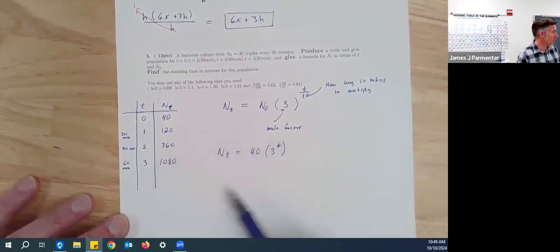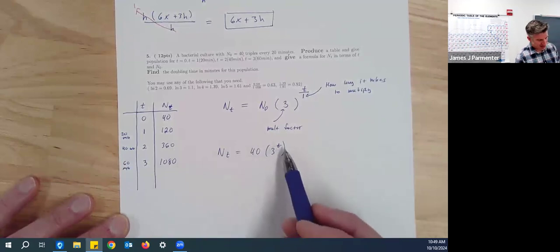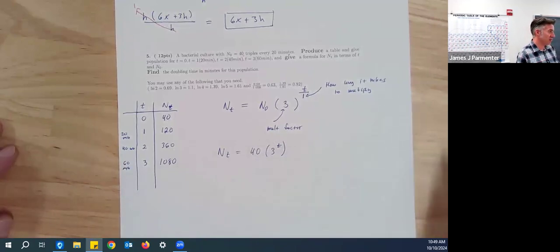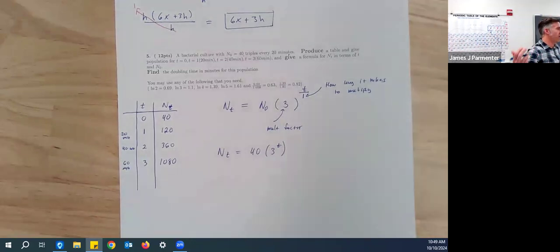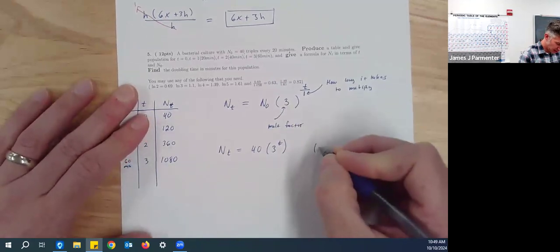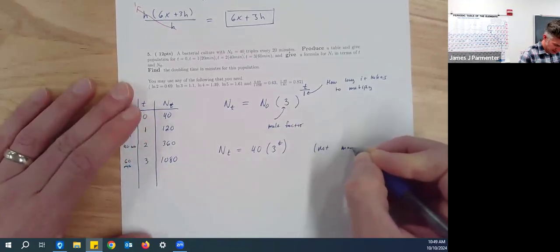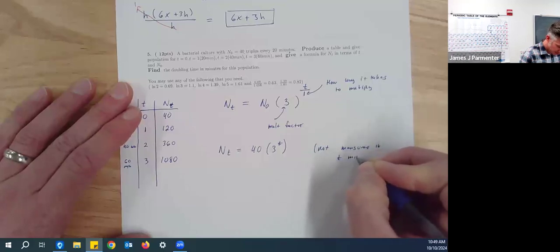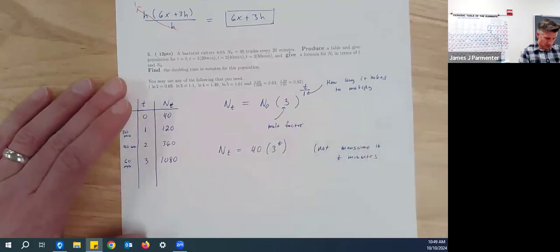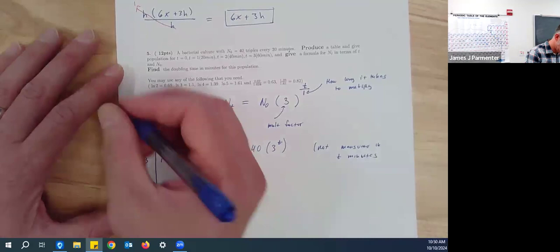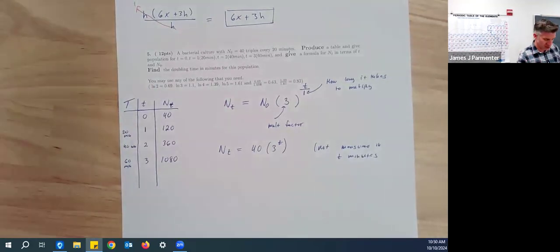So this is the right model here, but I could probably fix my t because this isn't measured in minutes, right? This is measured in units of 20 minutes, which again is terrible. So the way I'm going to fix it, I'm going to use capital T, just to have some differentiation there.